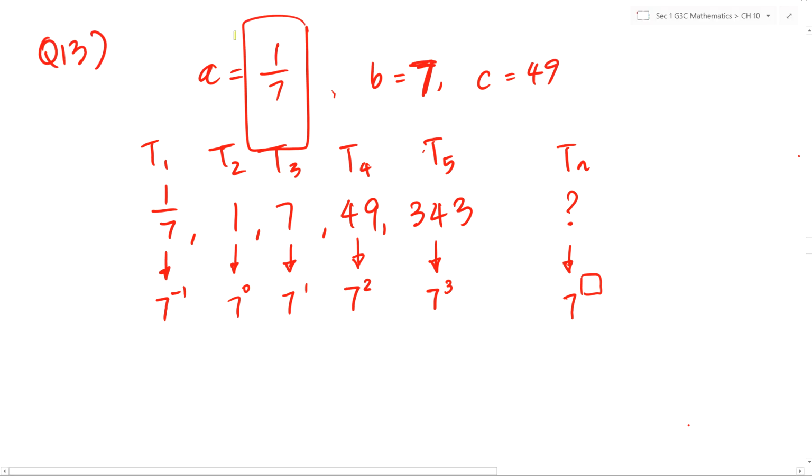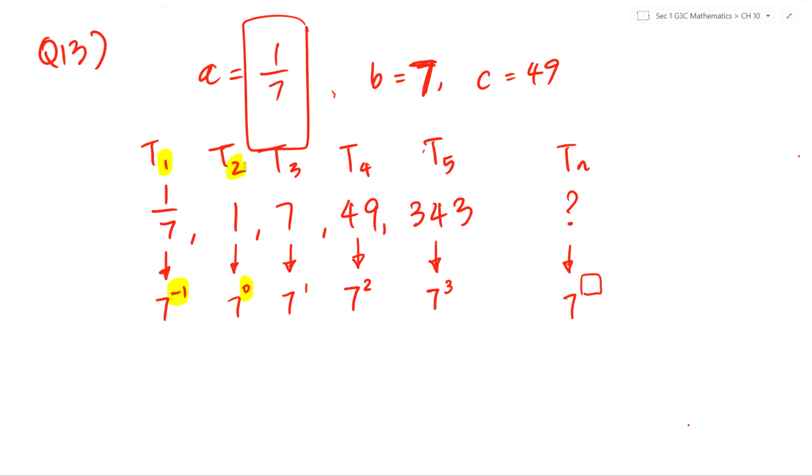How we confirm is by comparing this with this. We are comparing things that change. The number 7 doesn't change, so I know it's going to be 7 already. Let's compare all these things that change. From term number 1, somehow I can get a minus 1.